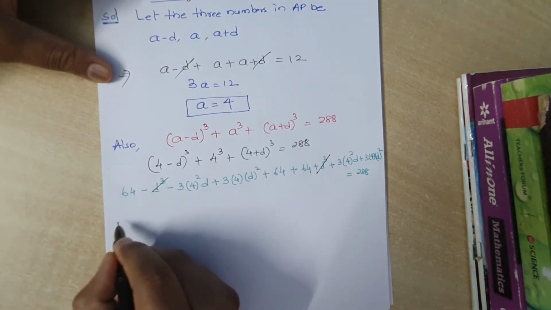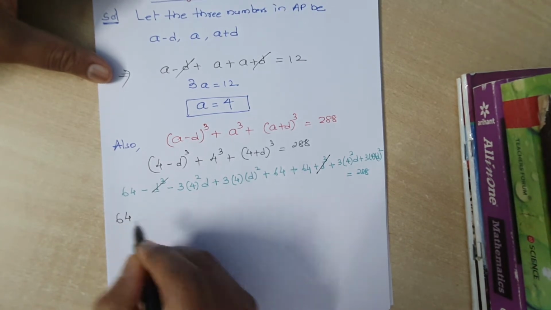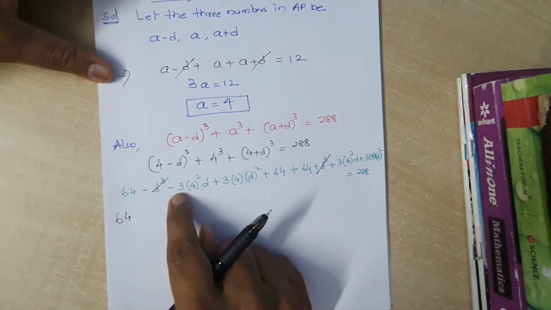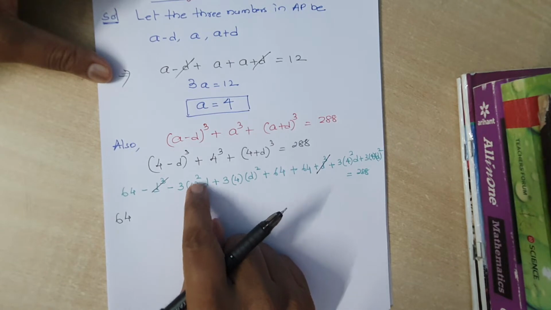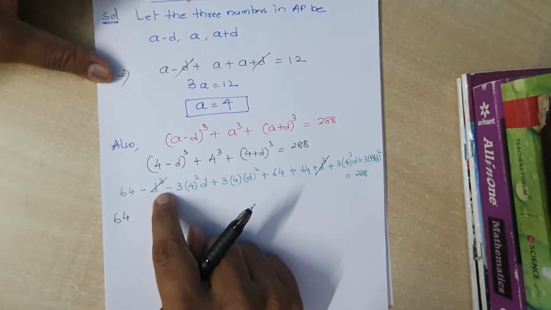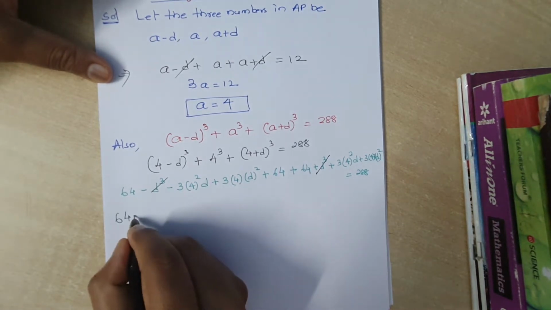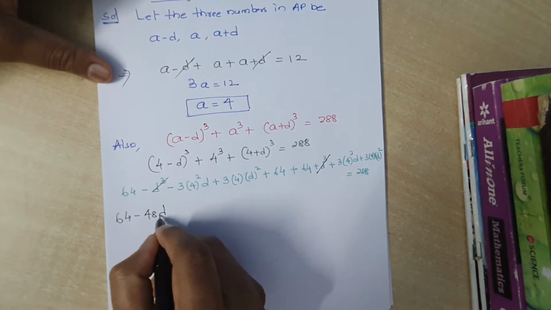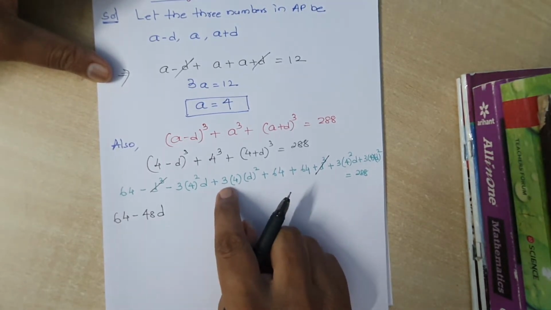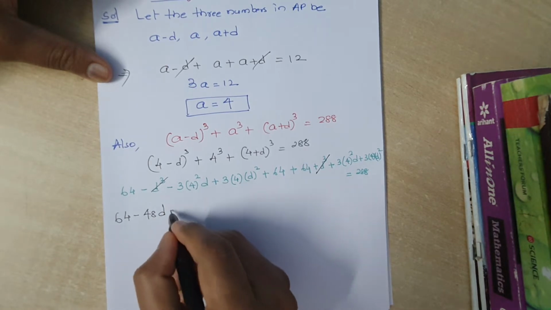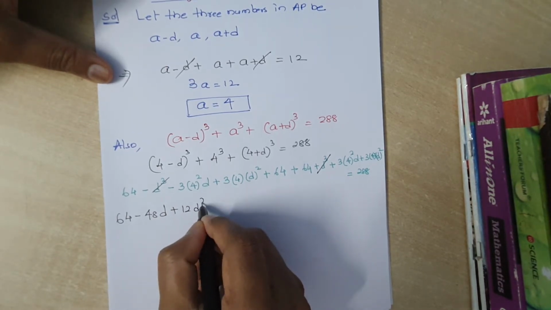Now 64 as it is. 4 square is 16, 16 times 3 is 48. So minus 48d. Then here it is 12d square plus 12d square.